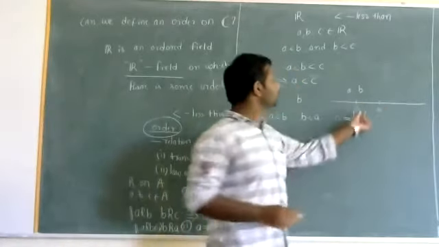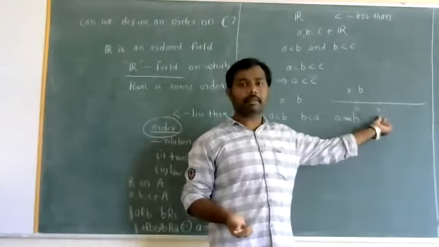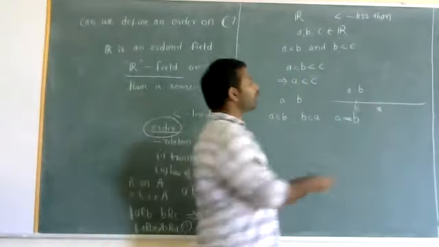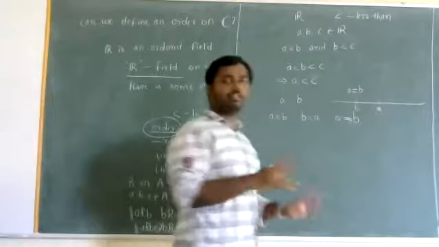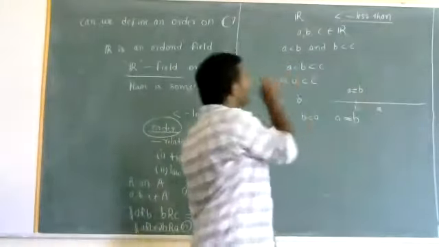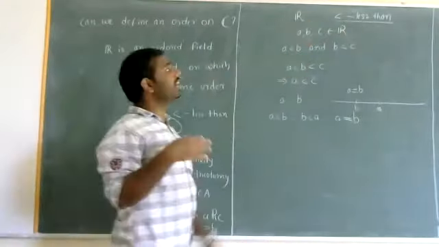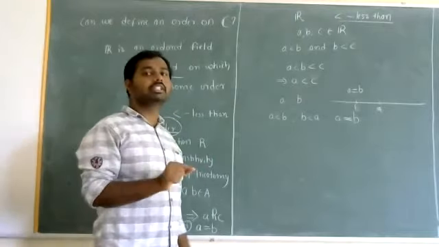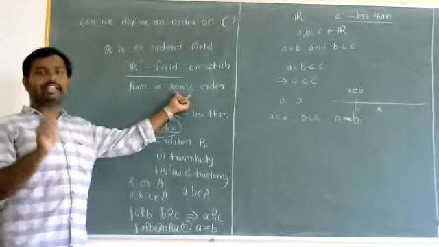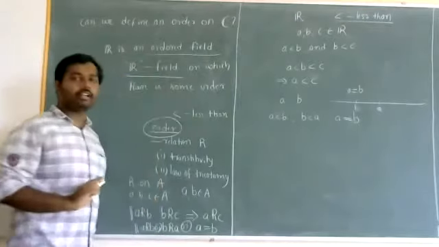If A comes first, A is smaller than B, or if B comes first, B is smaller than A, or A and B are equal. So we can define an order on R. This is not the only order on R; we can define greater than, and many relations. But there is at least one order on R, which is a field. So R is an ordered field.